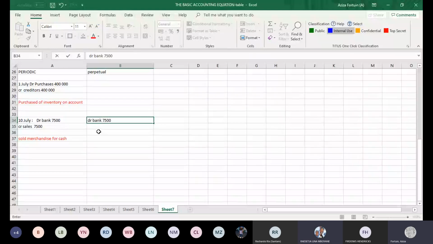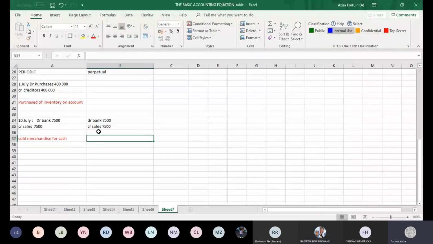And then credit your sales, 7,500. Credit sales. Right? And then debit your cost of sales, 5,000. Credit your inventory, 5,000. Now, how much did they mark this product up by? What percentage did they mark it up?